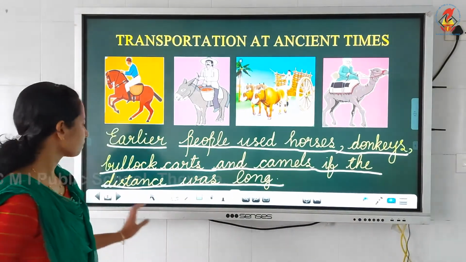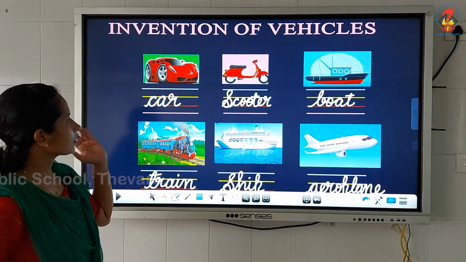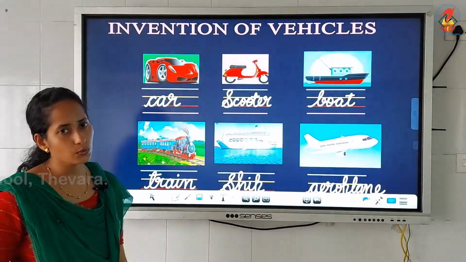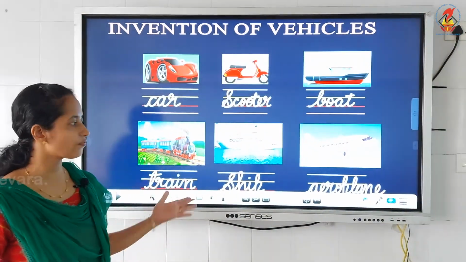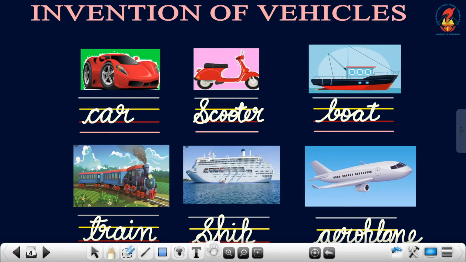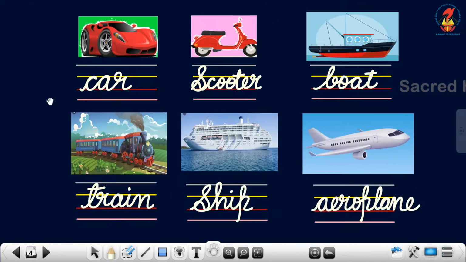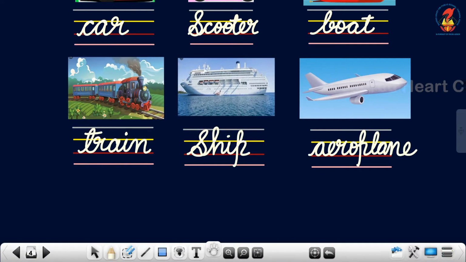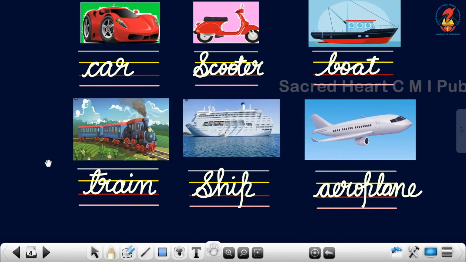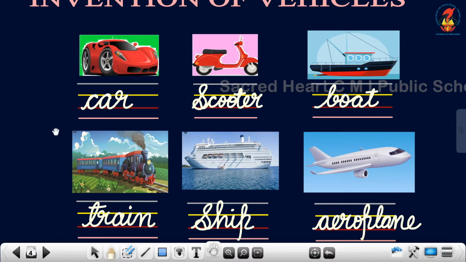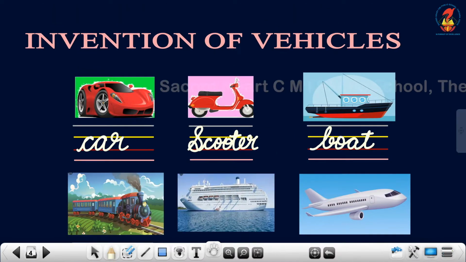So we'll move on. These are the different vehicles that we use or invented after the invention of wheels. So which are they? It is car, scooter, boat, train, ship and aeroplane. Okay, so these are the different vehicles that humans have invented.